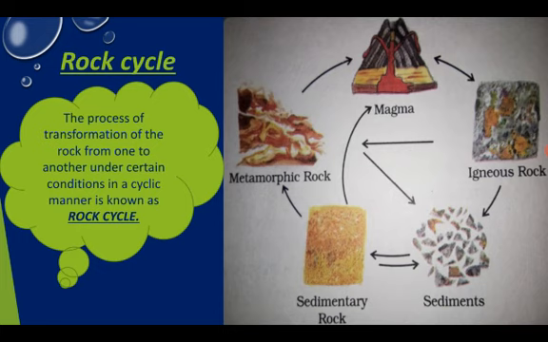These igneous rocks are broken down into small particles that are transported and deposited to form the sedimentary rocks. When the igneous and the sedimentary rocks are subjected to heat and pressure, they change into metamorphic rock.